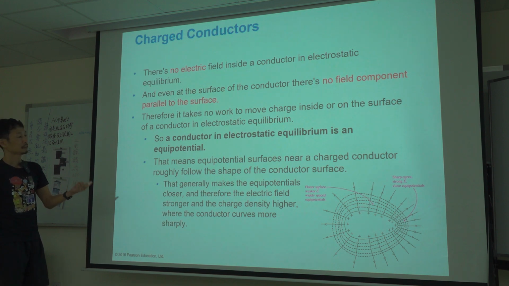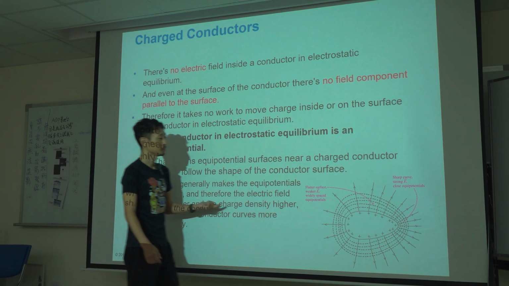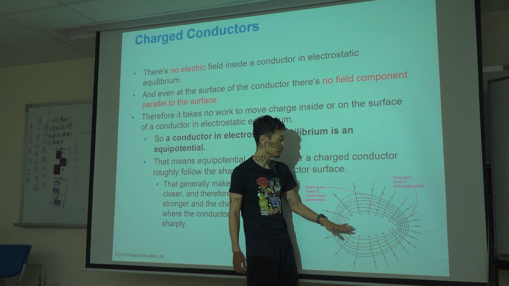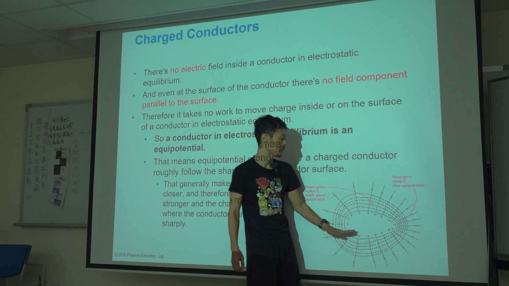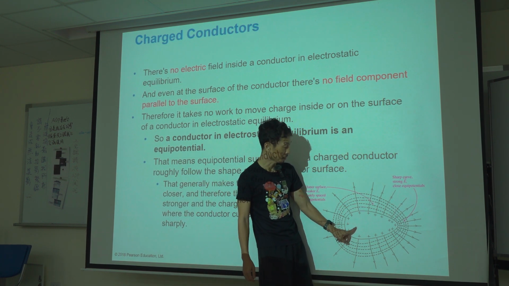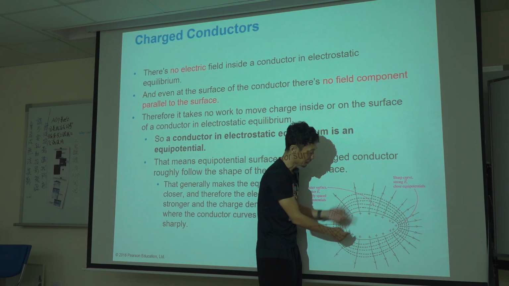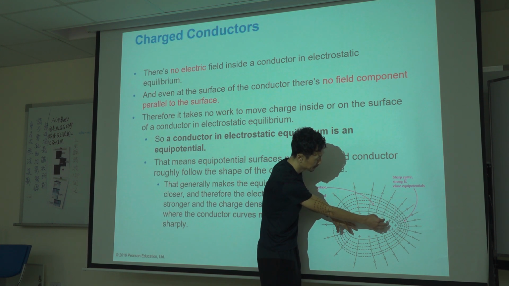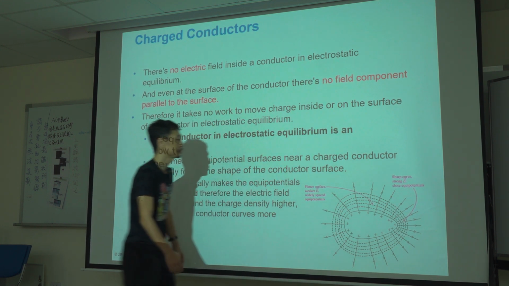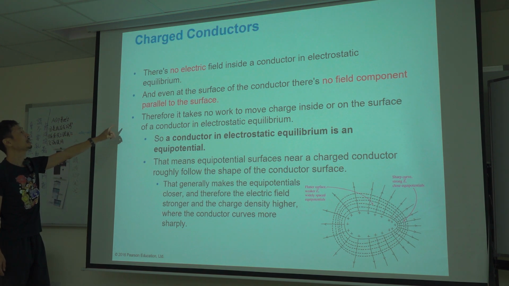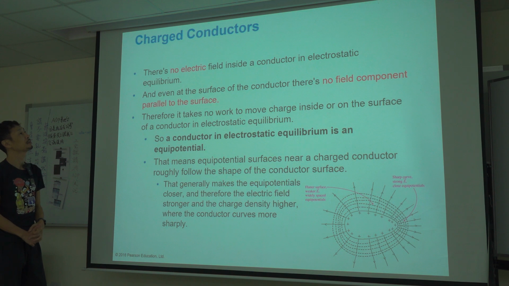Because the charges inside the conductor can move around to cancel the electric field, the electric field is always zero inside. For example, if there's an electric field in this direction, it's going to move the charges so that they cancel it. So that's why it's always zero inside. And even at the surface of the conductor, there's no field component parallel to the surface.